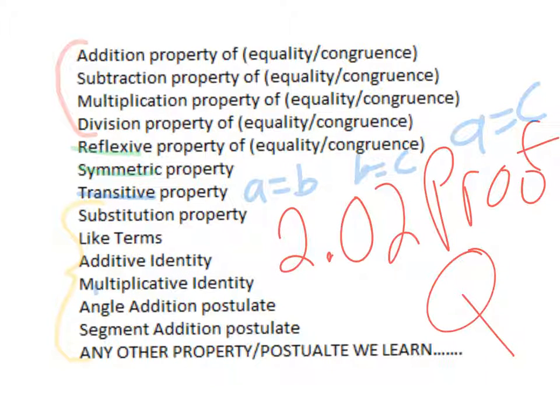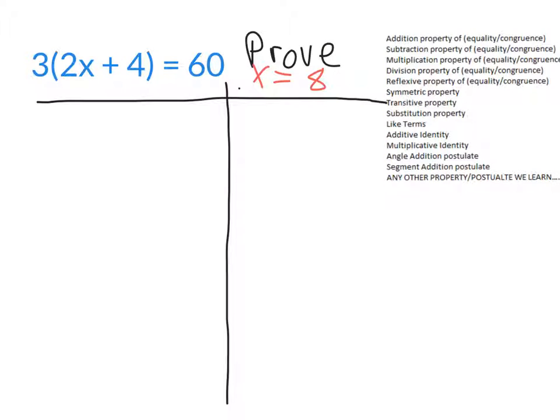All right, let's take a look at this first problem here. Right here, we've got just a straight up math problem, and this is kind of a middle step to learning how to do proofs. You probably know how to do this problem, so let's just do the problem first, and then we'll write out all the steps.